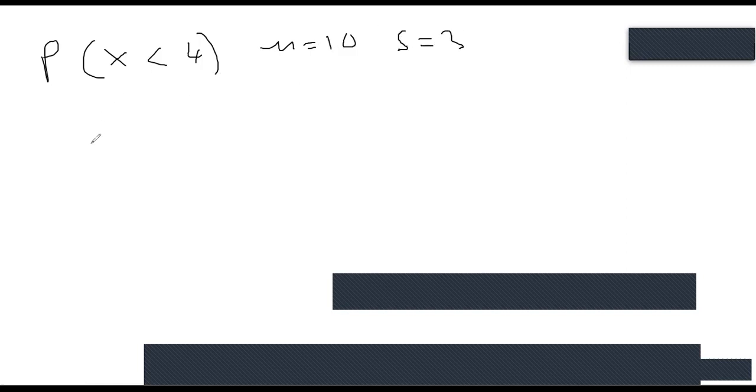Now I want you to try. Suppose we're told to find X is less than 4. We are still using the same parameters. The mean is 10, the standard deviation is 3. Who wants to try?